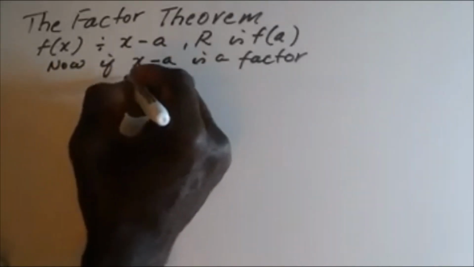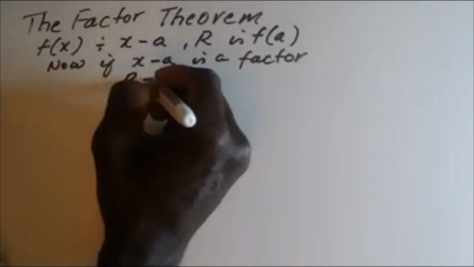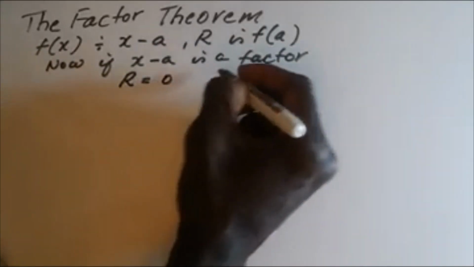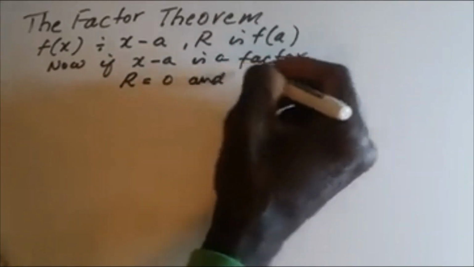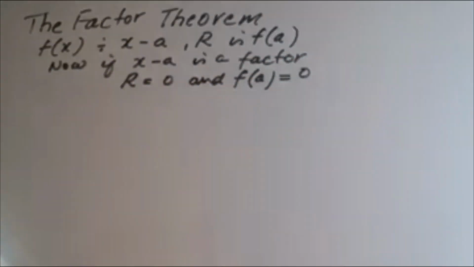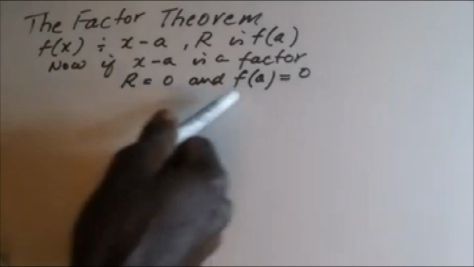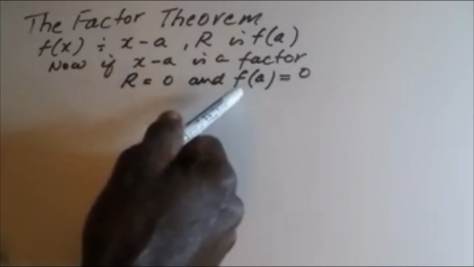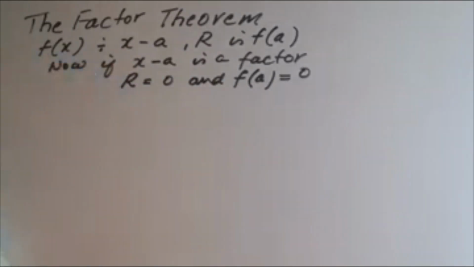So we have the property that r is equal to 0 and f of a is also equal to 0. So this is known as the factor theorem. This condition where r is equal to 0 and f of a is equal to 0 is due to the fact that x minus a is a factor.